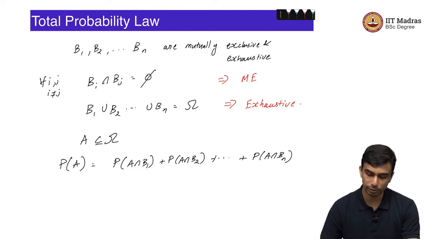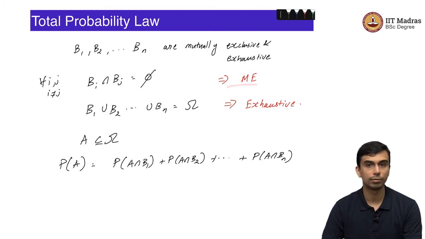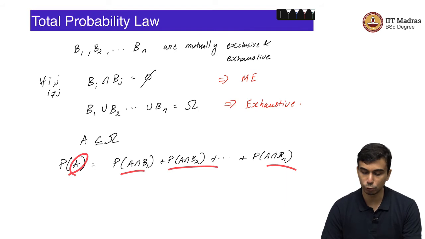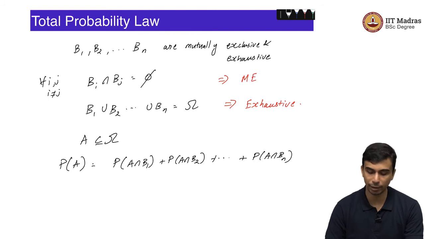You can do this because each of these are disjoint sets, because the Bi's are mutually exclusive, and the union of these should be exactly equal to A because B1 union B2 union ... Bn is equal to omega. So this follows from the axioms of probability and the definition of mutually exclusive and exhaustive.